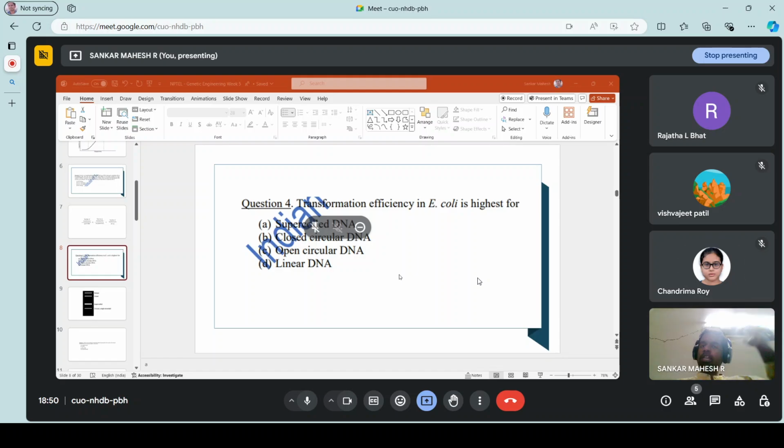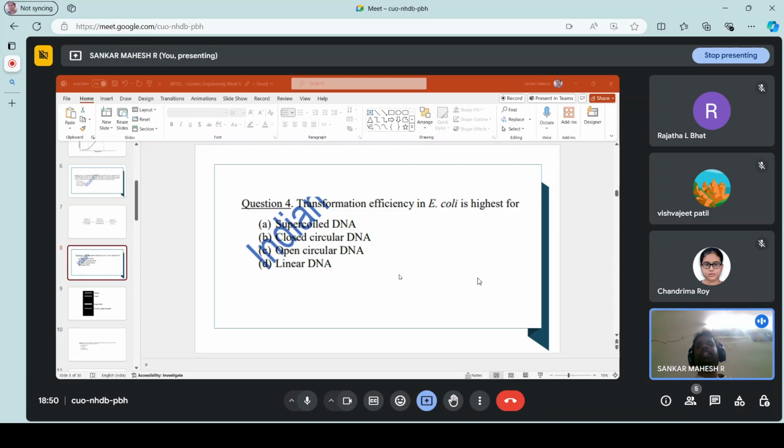So in order to think about this, just try to think about how DNA replication happens. When DNA replication happens, one end is physically connected to the other end. You don't have linear DNA that survives within any cell. If you have linear DNA, it's very difficult for the DNA replication machinery to keep track of the ends and join it. Whereas with circular DNA, your DNA polymerase can just sit on the origin of replication, start replication, and end at the corresponding region.